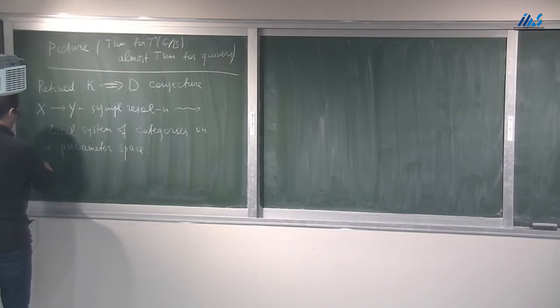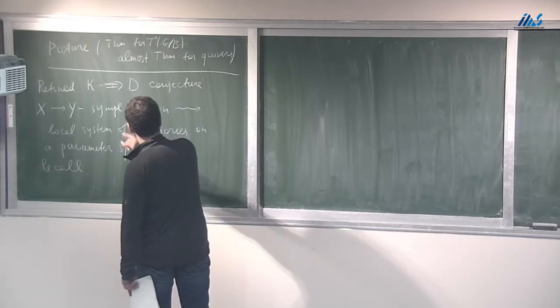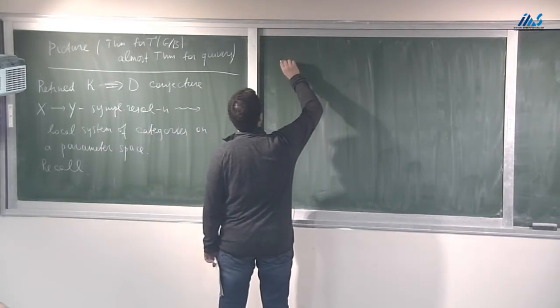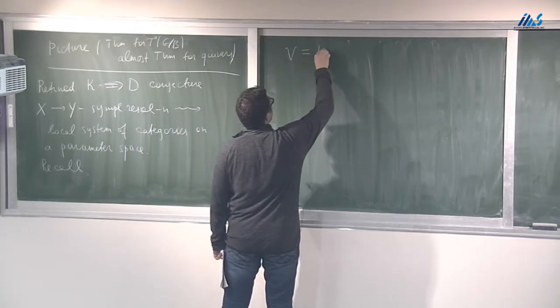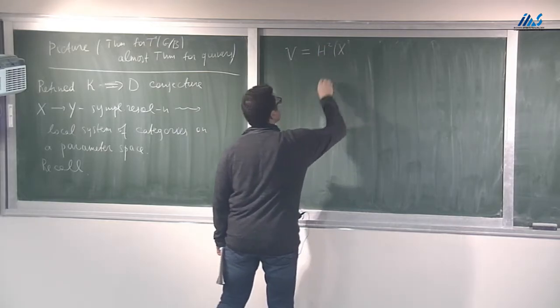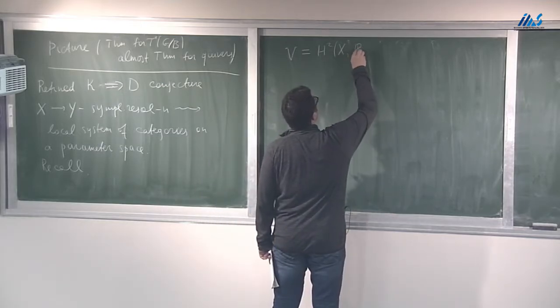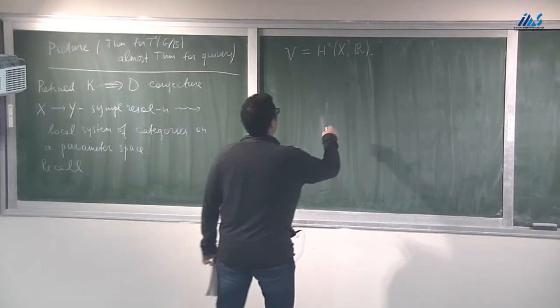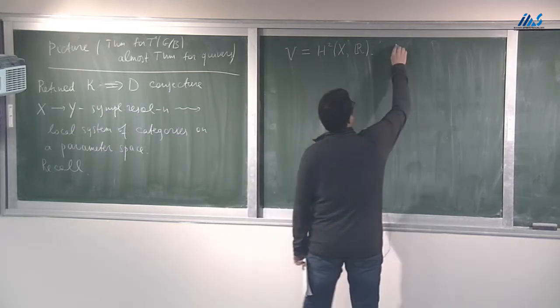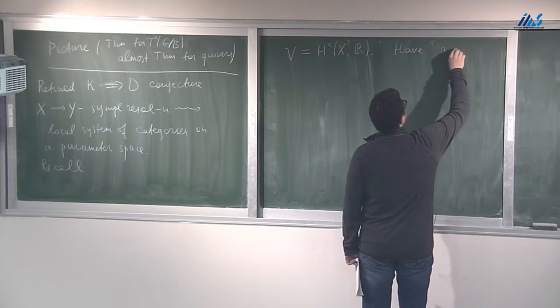So recall from the first talk by Andre and talks of Davesh that we work with the space V, which is H2 of X, and well, let's say R to start, and then we have a configuration of hyperplanes.